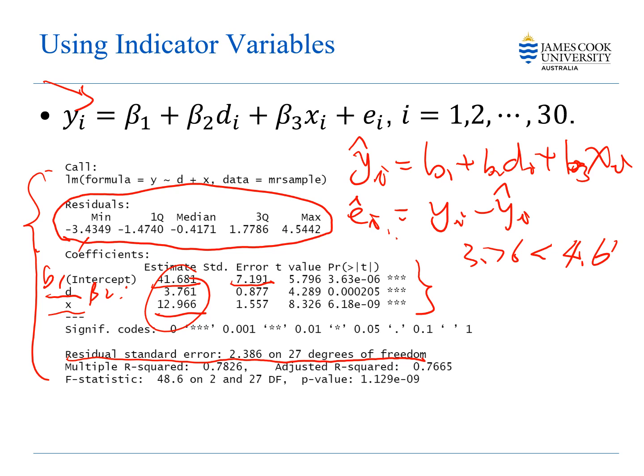The minimum value is negative 3.43. Maximum, median, which is 50% of the residuals is above negative 0.4171, and 50% is below. And this is first quartile, third quartile, and so on and so forth.